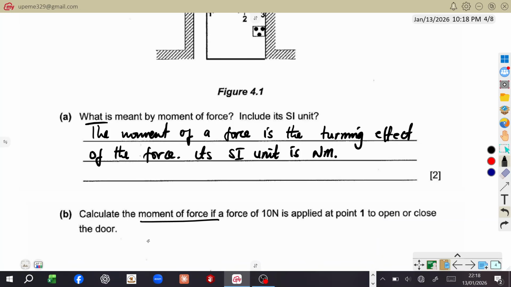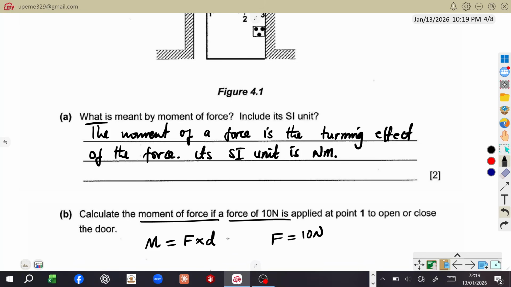Moment, which is capital M, should be equal to force times the distance between the point of application of the force and the pivot. That is the formula. The force is already given as 10 Newton.